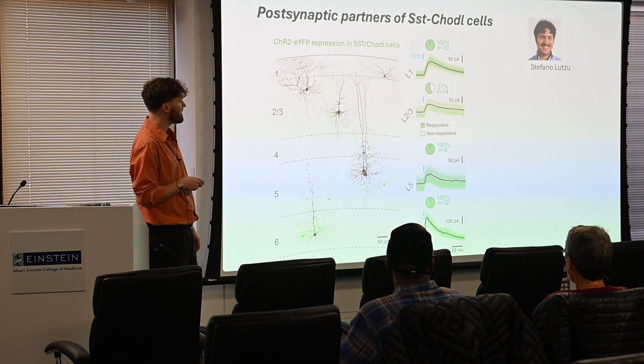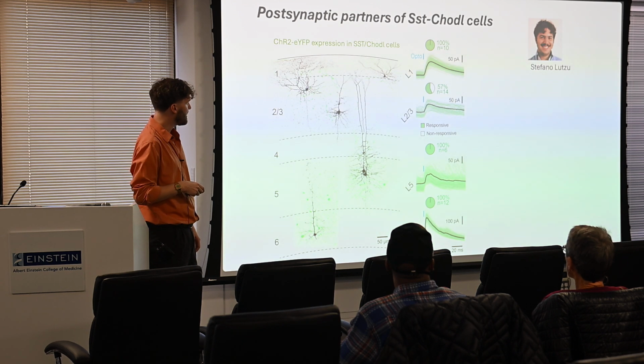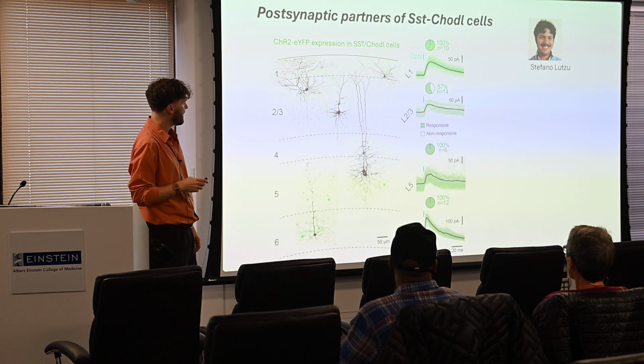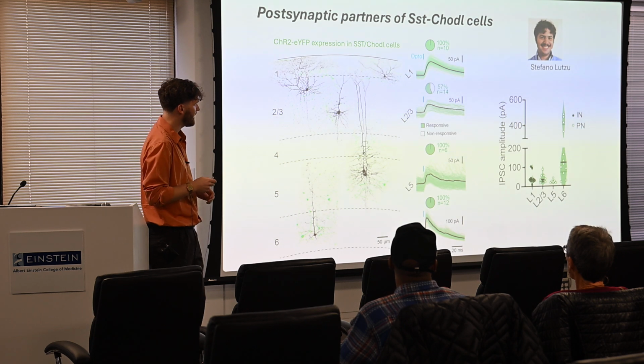Pretty much every cell that Stefano patched onto to record from seemed to be connected to the somatostatin choroidal cells. All the cells in layer 6, layer 5, layer 1, and most of the cells in layer 2/3 received input from these cells. There was only a small population in layer 2/3 that was not connected.